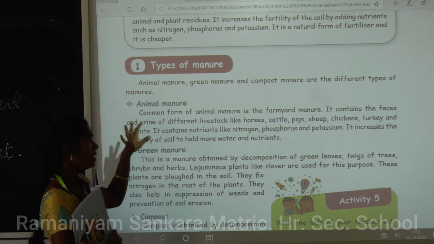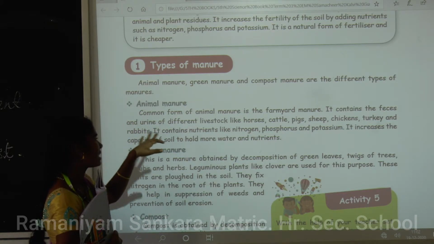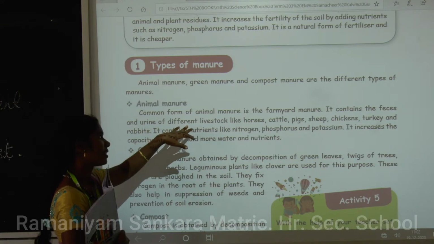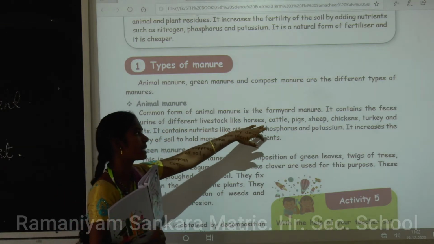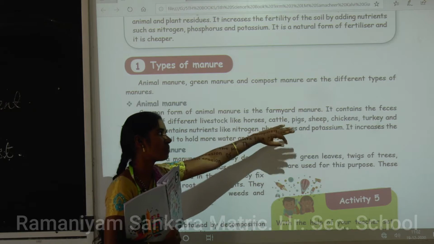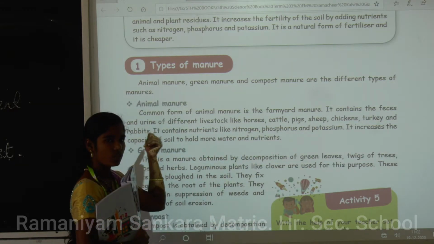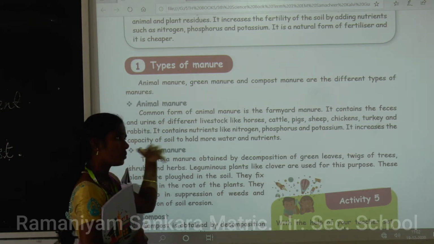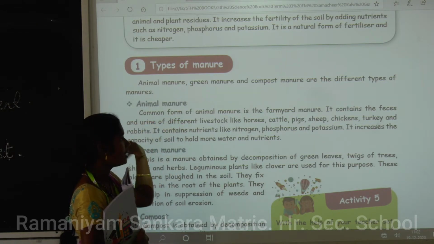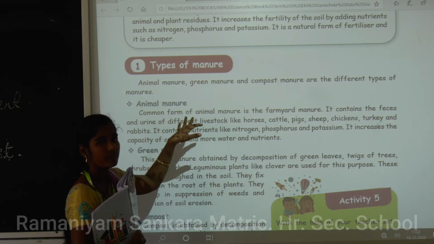It contains the feces and urine of different livestock like horses, cattle, pigs, sheep, chickens, turkeys and rabbits. From their waste and urine, they make the animal manure.